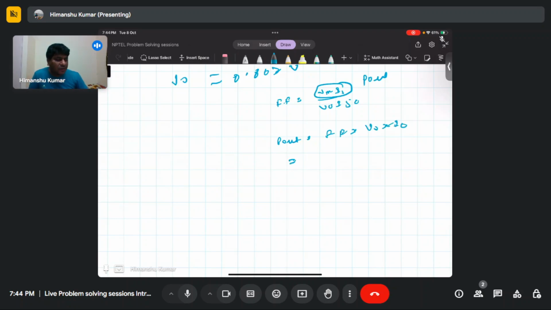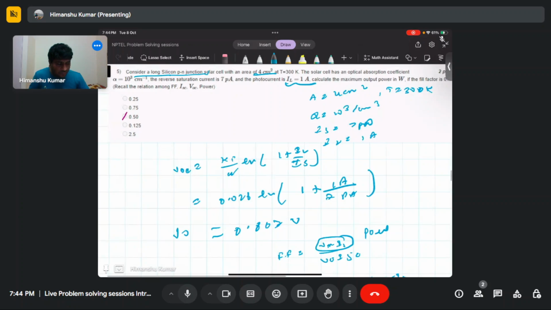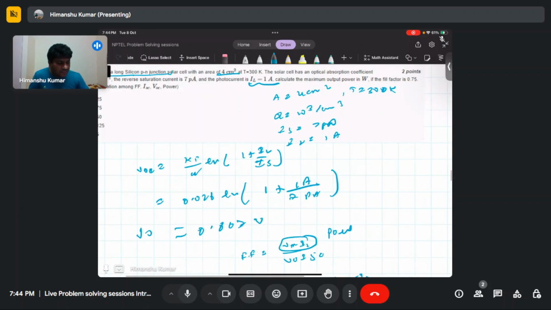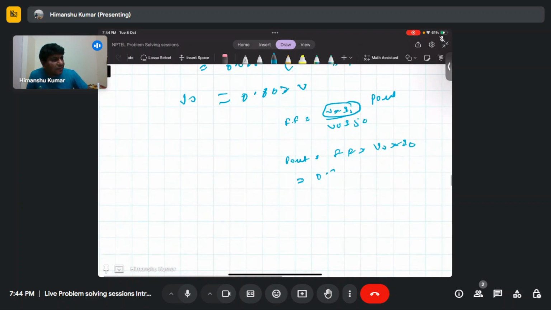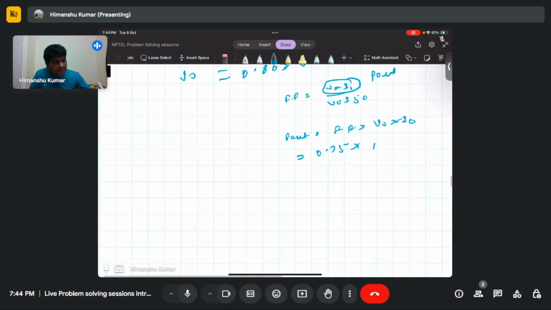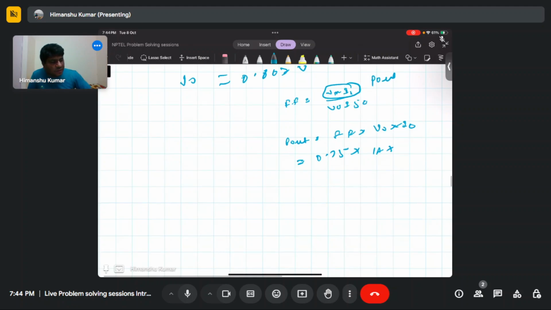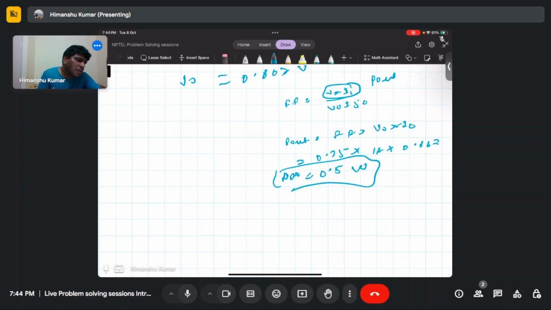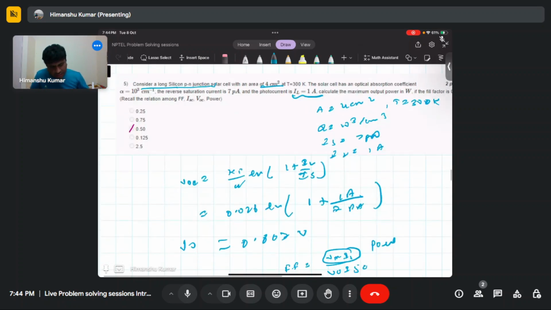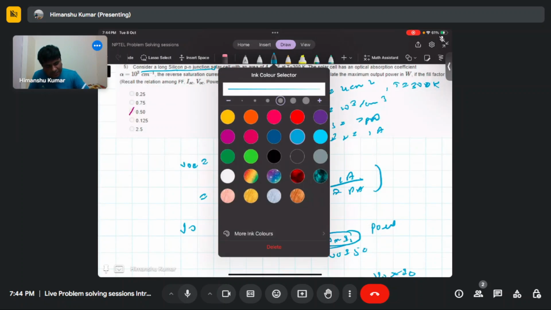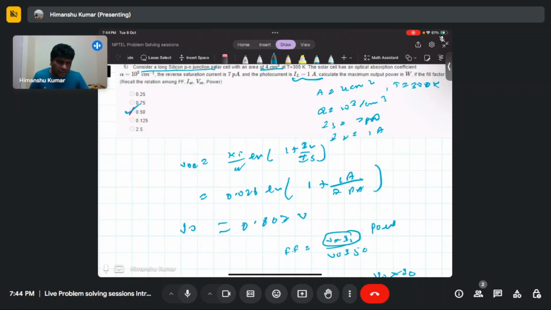The fill factor provided is 0.75, ISC is 1 ampere, and VOC is 0.667 volt, so you will get around 0.5 watt as P out. This is the correct answer to this problem, and the correct option is C, the third option.